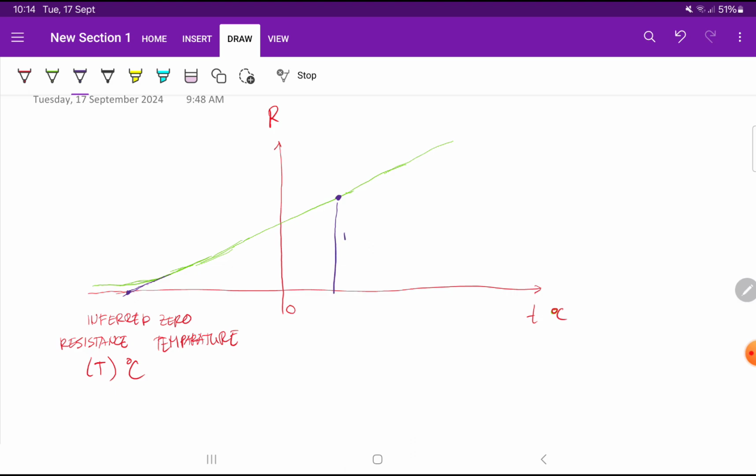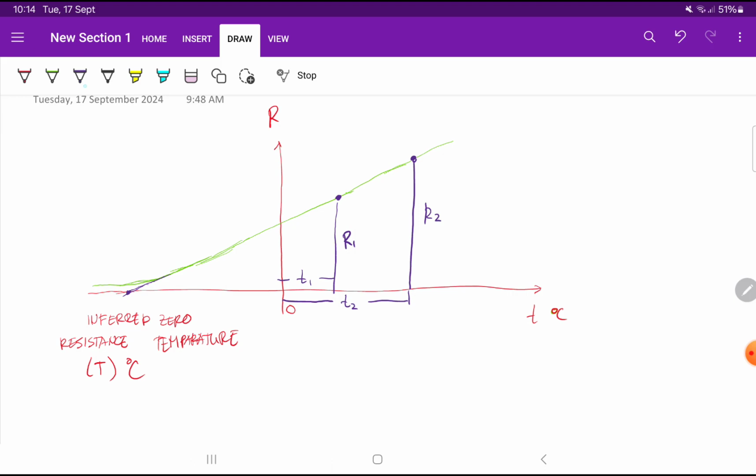Let's call the resistance R1 and the temperature T1. T1 is from here to here, while R1 is the height. Then if we take another point here, let's call this R2, with its equivalent temperature T2.